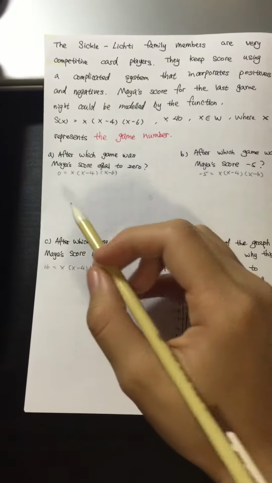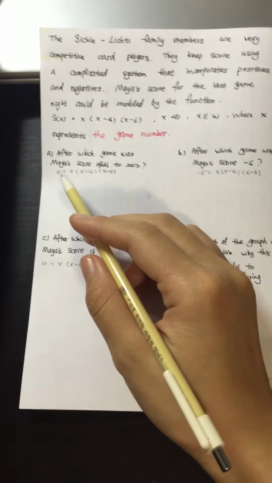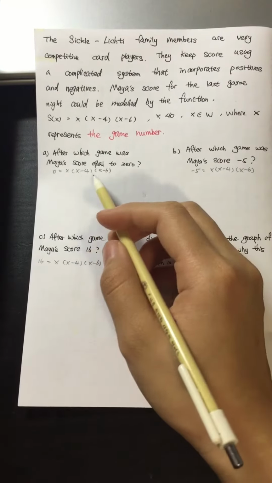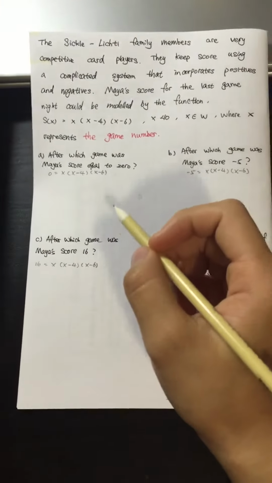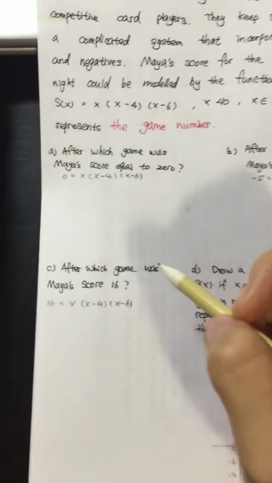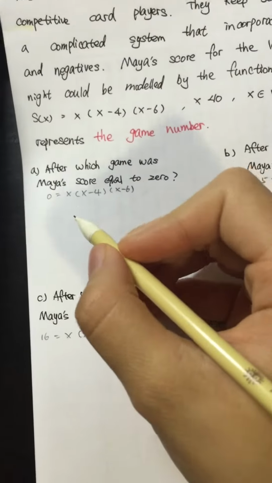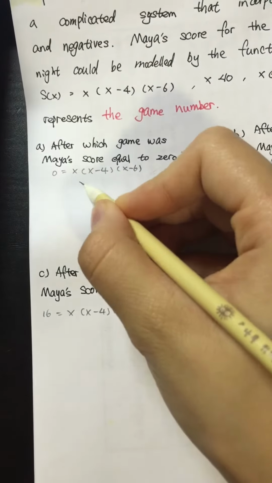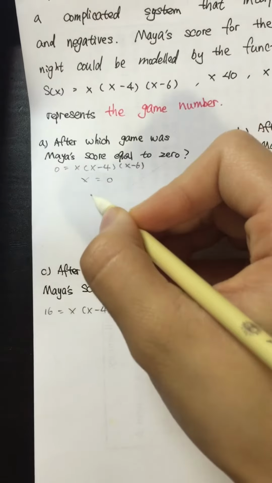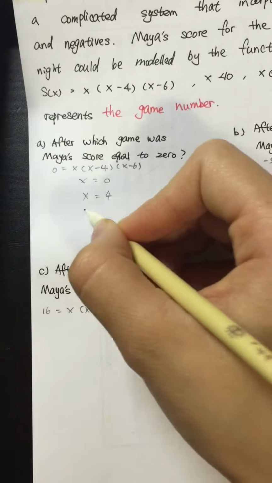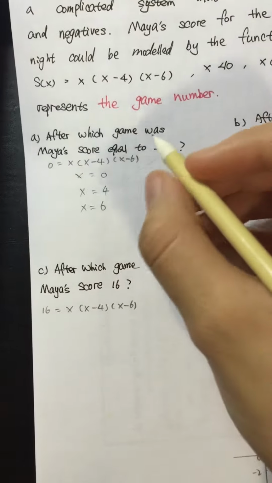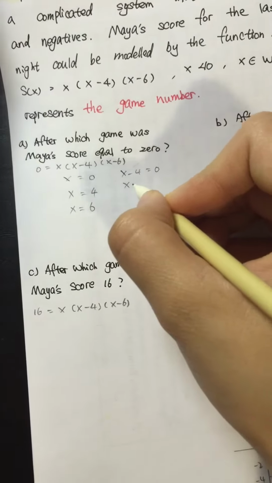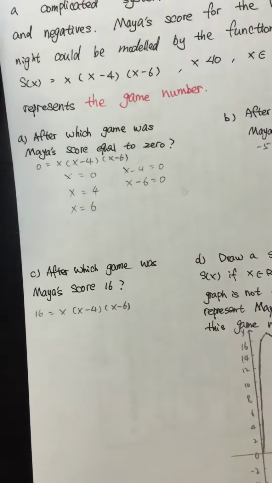Firstly, we should write the equation 0 = x(x - 4)(x - 6). According to the equation, we can know that there are three answers: x equals 0, x equals 4, x equals 6, because x - 4 equals 0 and x - 6 equals 0.